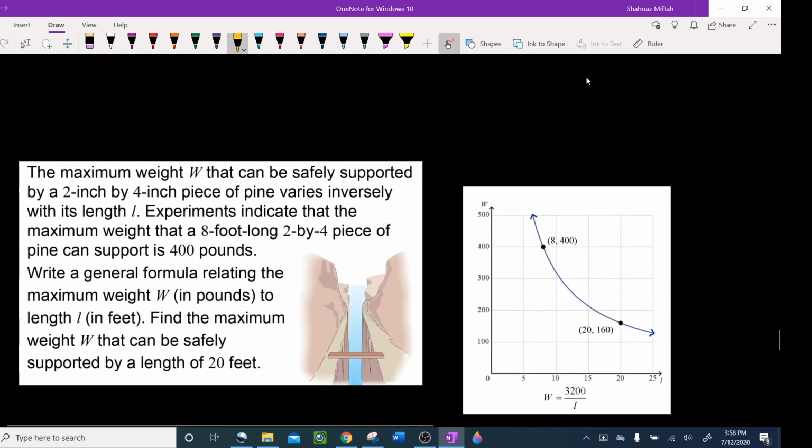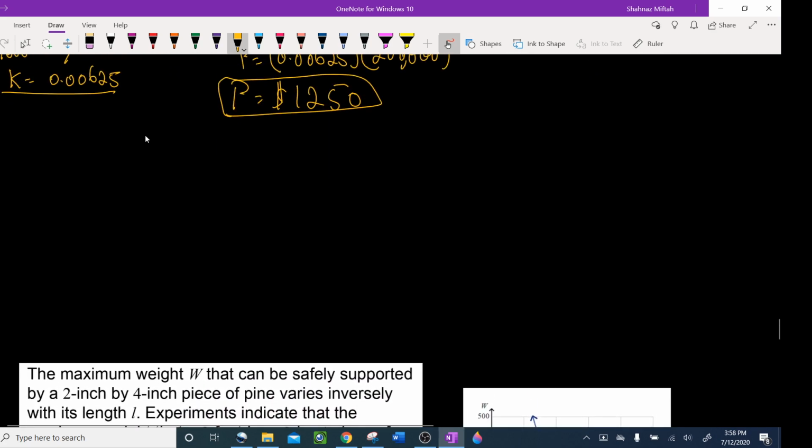Okay, let's go to the inverse variation now.